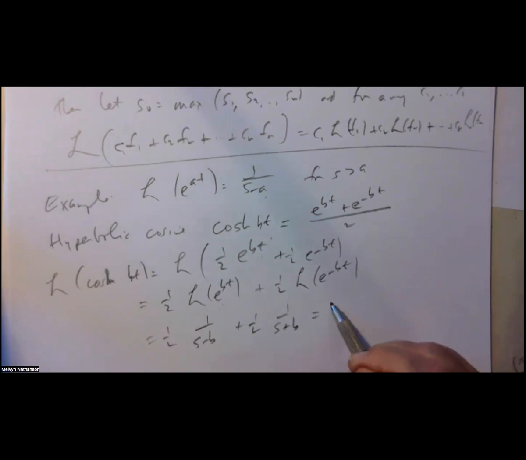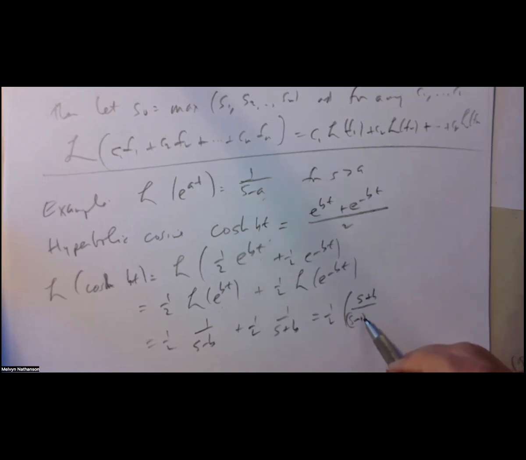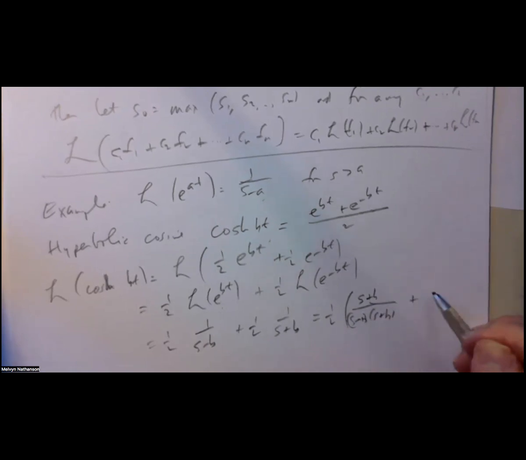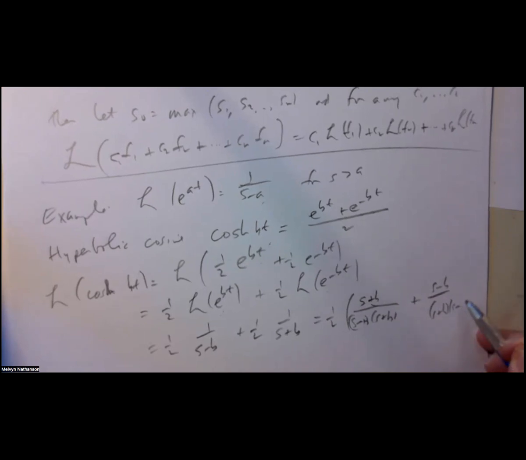And if you wanted to put this over a common denominator, this would be a half, s plus b over s minus b, s plus b, plus s minus b over s plus b, s minus b.